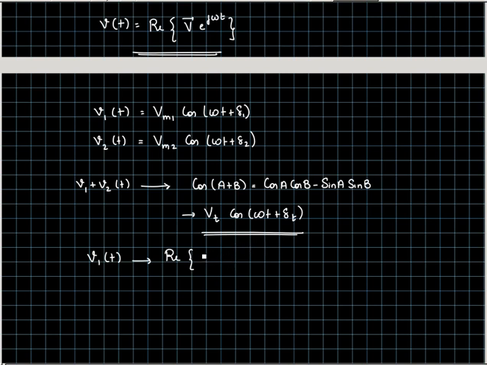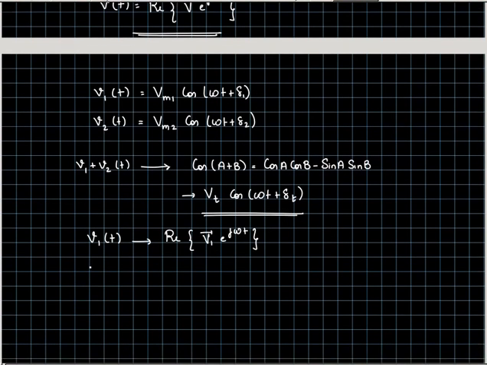So, this can be represented as the real part of V1 phasor times e raised to j omega t, and V2(t) can be represented as the real part of V2 phasor times e raised to j omega t.